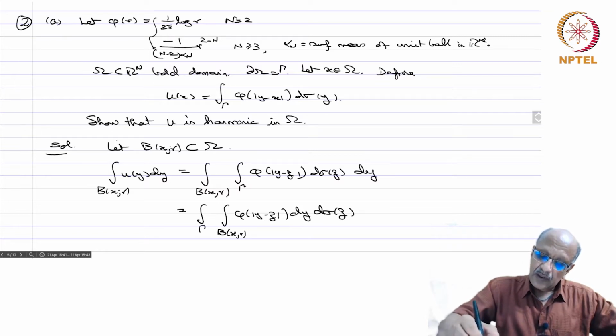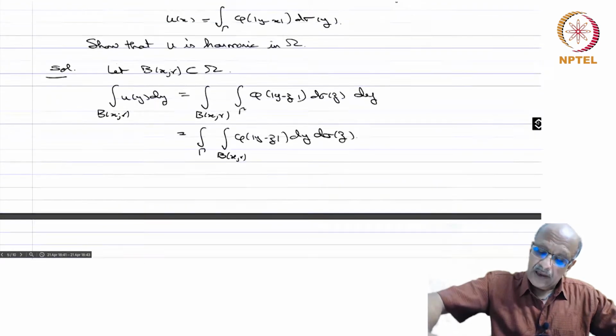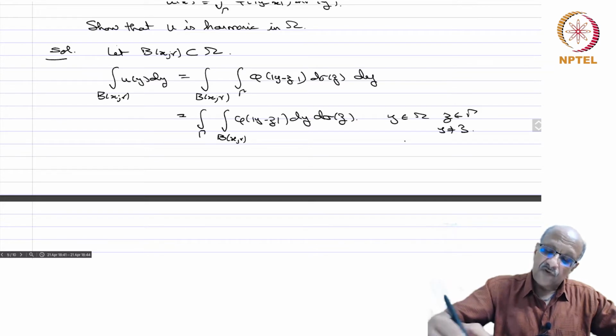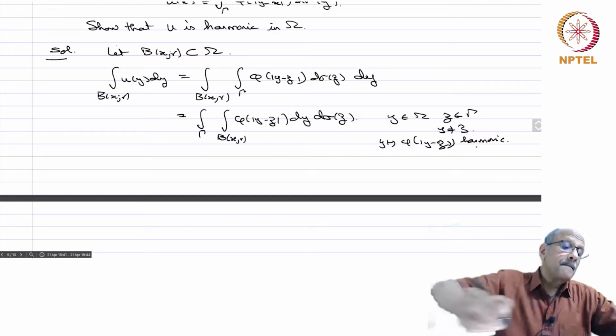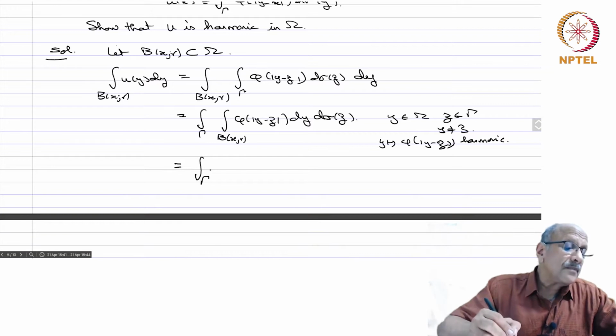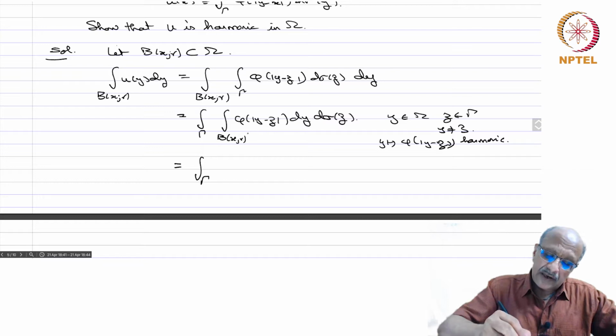So y is in omega, z is on gamma, y is not equal to z, therefore phi of mod y minus z, as a function of y, is harmonic. Since it is harmonic, it is the average. If you take the average on the ball, that will be equal to the value at the center.